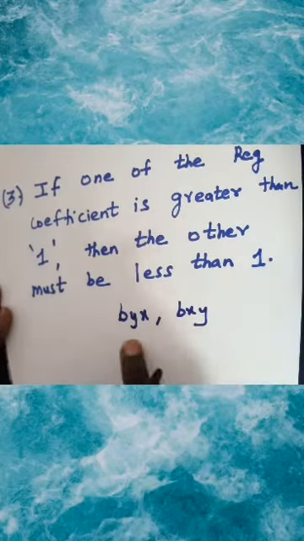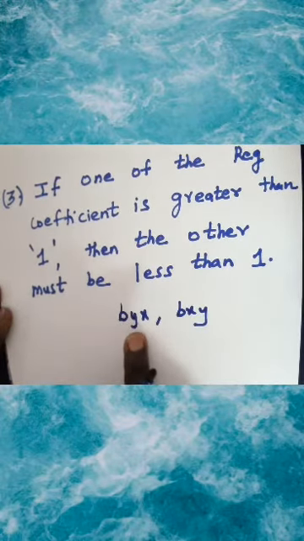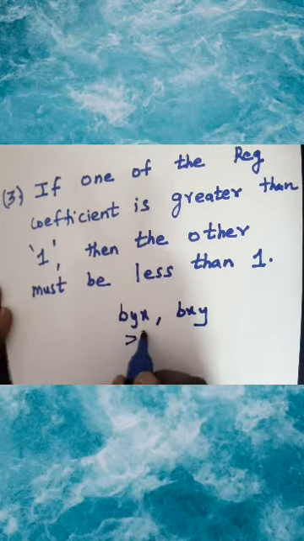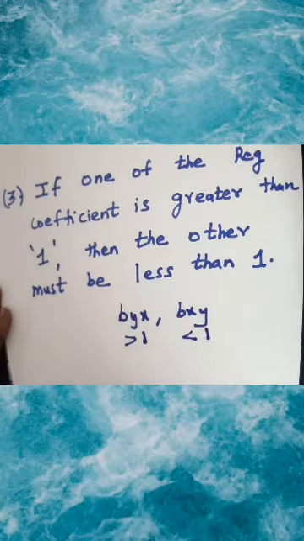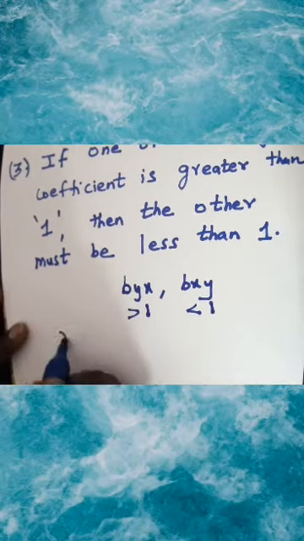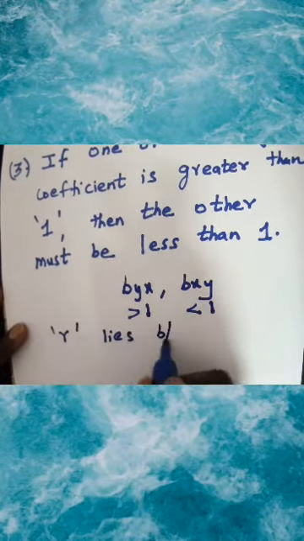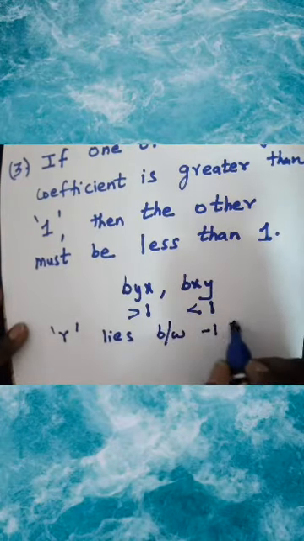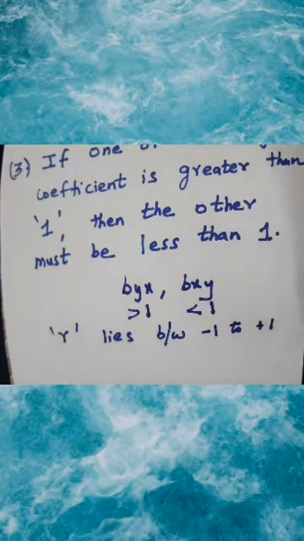If one regression coefficient is greater than 1, the other should be less than 1. Why? Because the correlation coefficient r lies between -1 and +1. It should satisfy this condition.